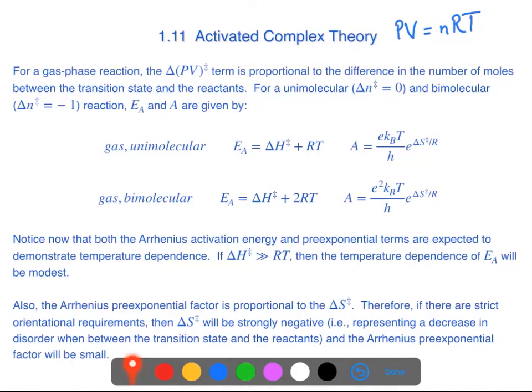So as the reactants are forming the activated complex, if that new activated complex is more ordered than the original reactants, then we would expect a negative term with respect to the change in the entropy of activation. If there are strong orientational requirements needed for the activated complex to form, we expect that term to be very negative, and as a result, the pre-exponential factor will also be quite small.